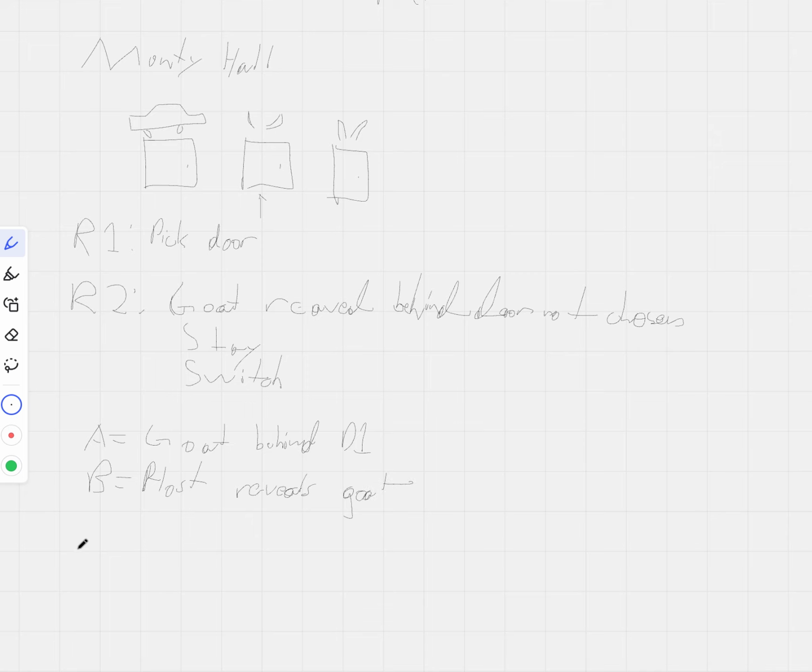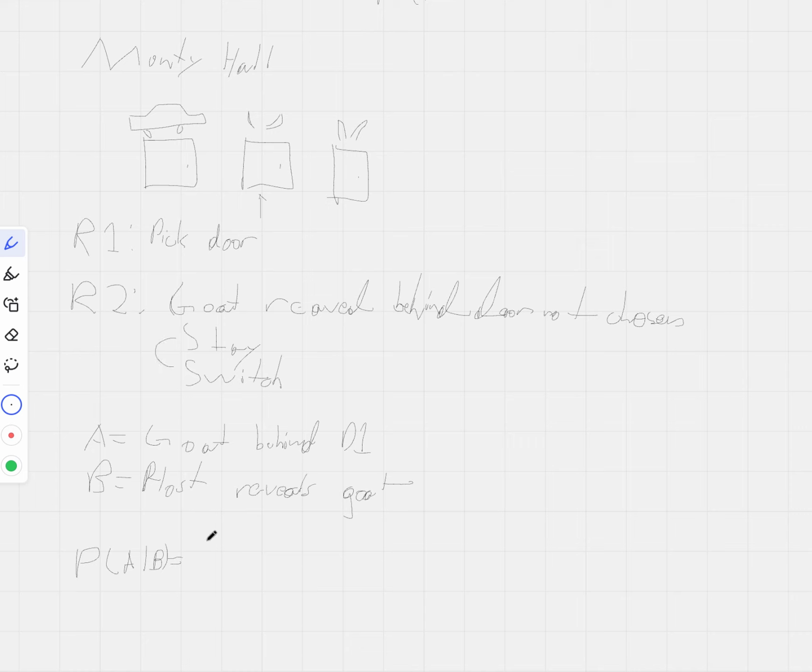Now, let's find the probability that the goat is behind door 1, given that the host has revealed a goat. So essentially, this would be the probability of the goat being behind door 1, given that we are now in a round 2 decision, staying or switching.